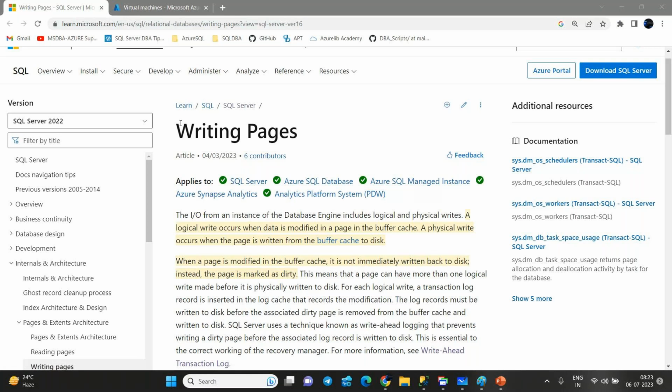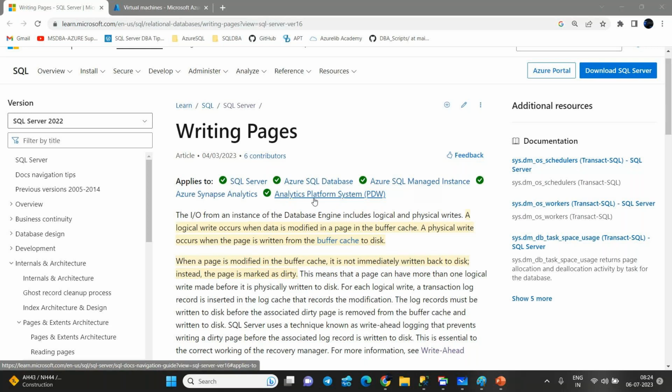When you see SQL Server, it is on-premises, and it is also compatible with Azure SQL Database, Azure MI, Azure Synapse Analytics, and Analytics Platform System Data Warehouse. If you are reading this article, you are comfortable in all environments.